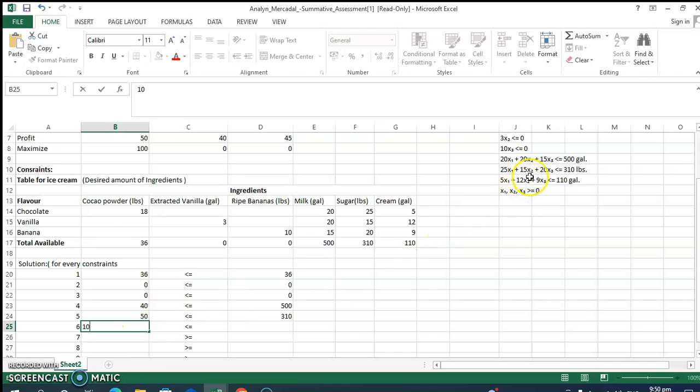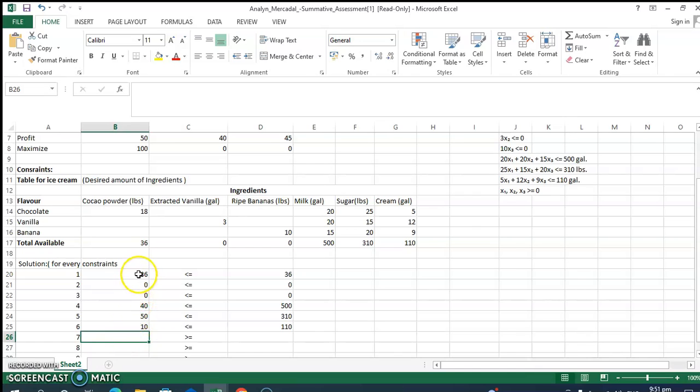Plus 12 times x sub 2, which is equal to 0, since 12 times 0 is 0. Plus 9 times x sub 3, so 9 times 0 is equal to 0. So the answer is 10. And the total available stock of cream is 110. So the constraint is 10 is less than or equal to 110.